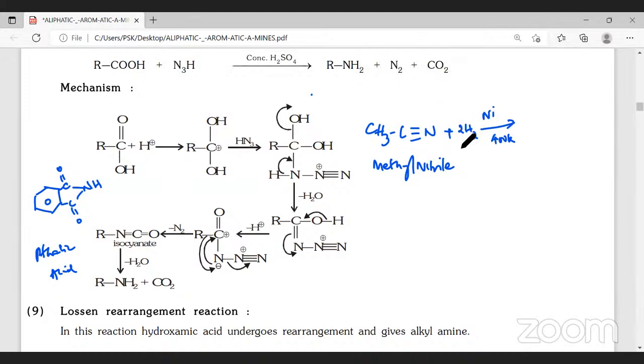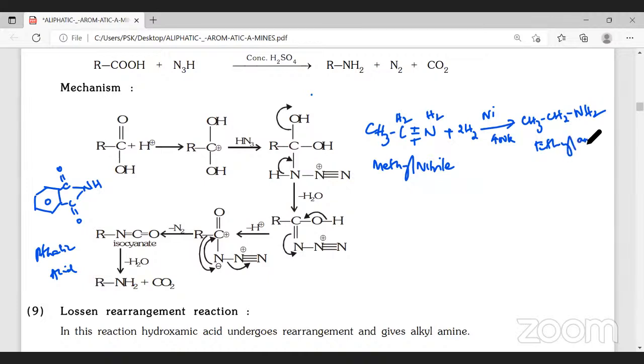So what happens? 2 moles of hydrogen we've taken. 1 mole of hydrogen attacks carbon. The second mole of hydrogen attacks nitrogen. So 2 pi bonds will break, and we have CH3 CH2 single bond NH2. This is nothing but a primary amine.